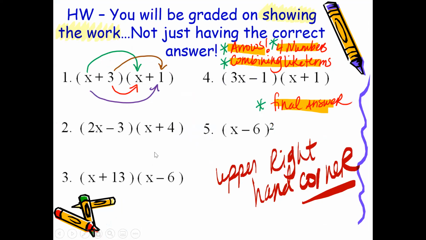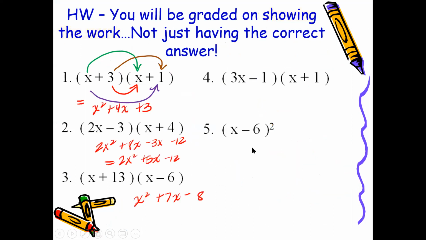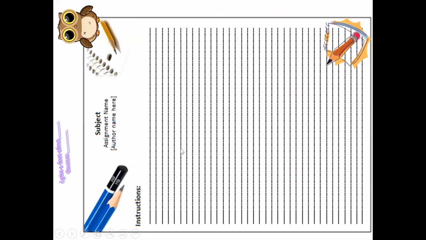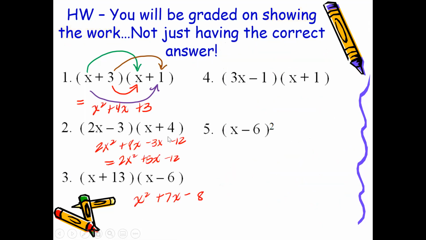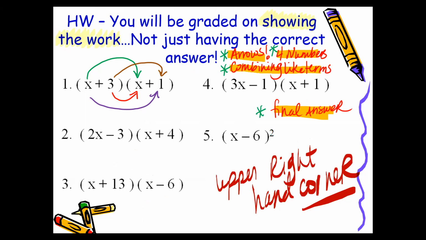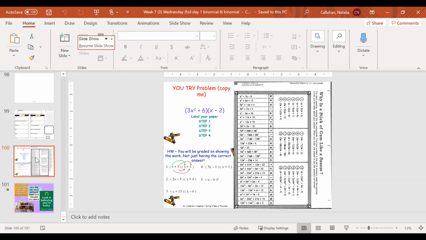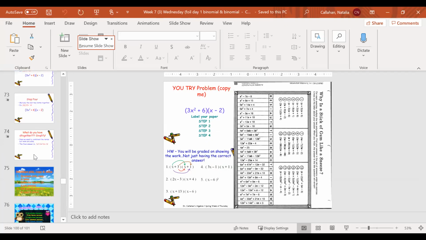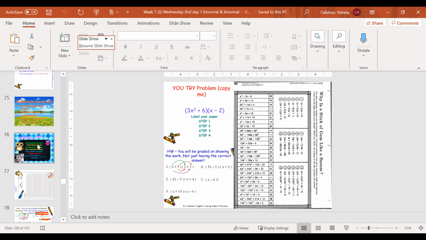All right, let's go ahead and perhaps go over a few more examples, okay? So I want you guys to turn over to this piece right here. And we're going to go ahead and go over them together. So turn over to that. And let's take a look.